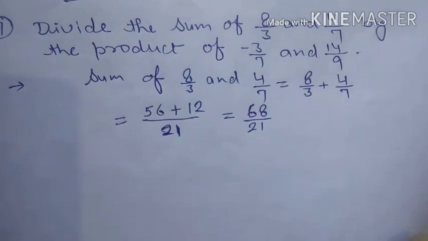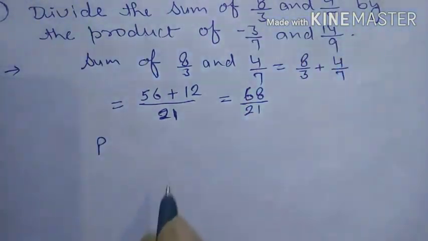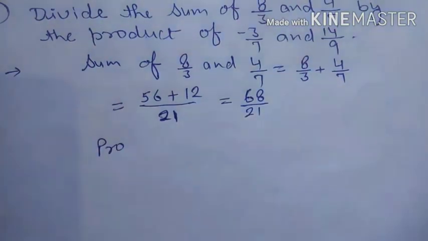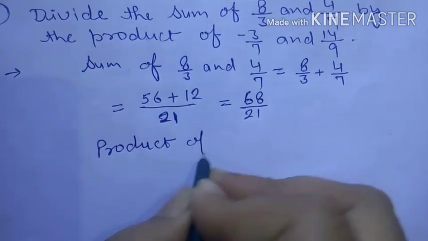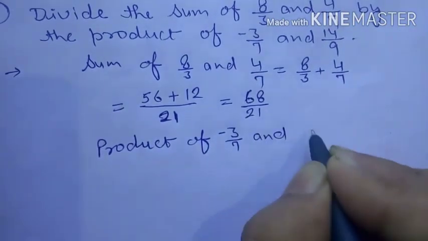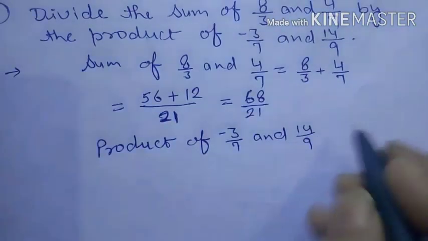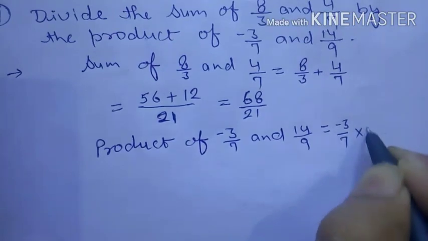Now we will find the product of minus 3 upon 7 and 14 upon 9. Here you can see minus 3 upon 7 into 14 upon 9.